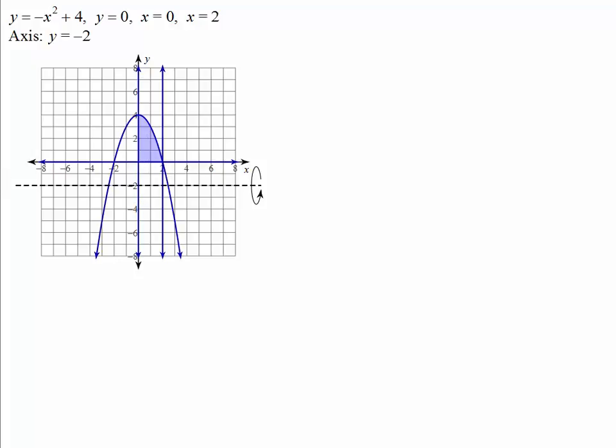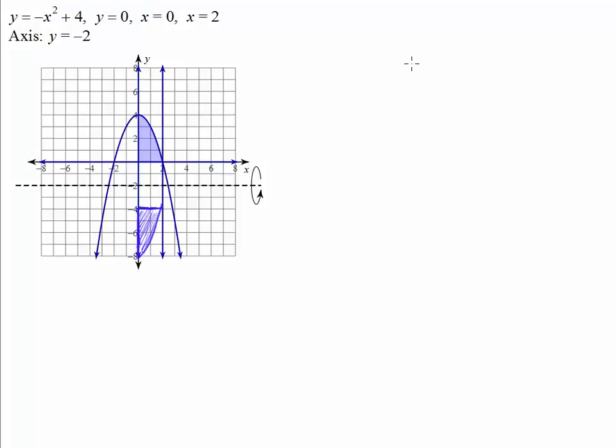So, in fact, let me try drawing the counterpart here. As this gets rotated around, this line gets rotated to there, and then count down 4. So let me shade that in. This would be a cross-section of this shape.